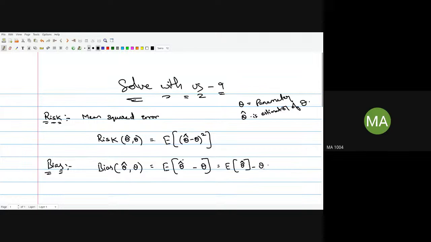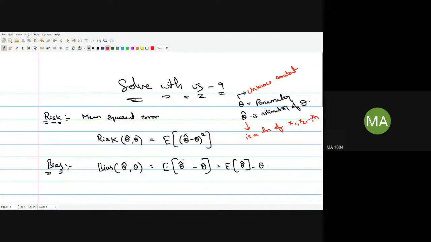Observe here that theta hat will be a random variable. Theta is a constant, an unknown constant, and this theta hat is a function of the samples, and we know these samples are random variables.